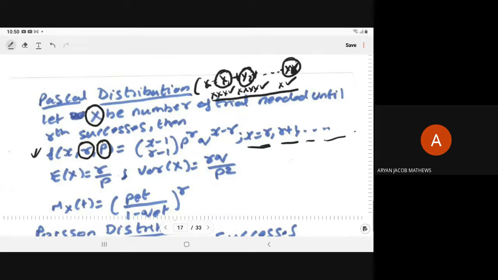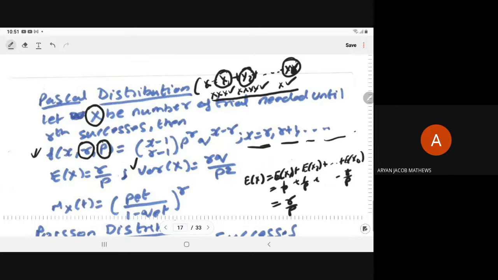As we did for the binomial, here also if you take the expectation of x, that is the expectation of x1 plus expectation of x2 plus up to expectation of xr. From the geometric distribution we know each is 1 upon p, and it is r times, so it becomes r upon p.